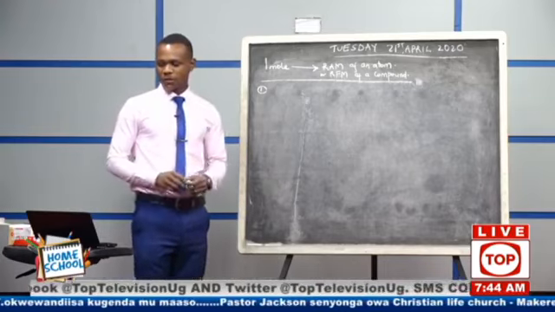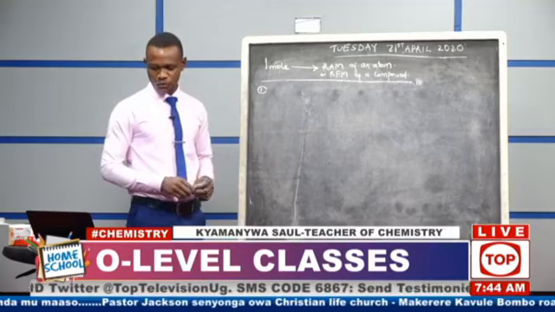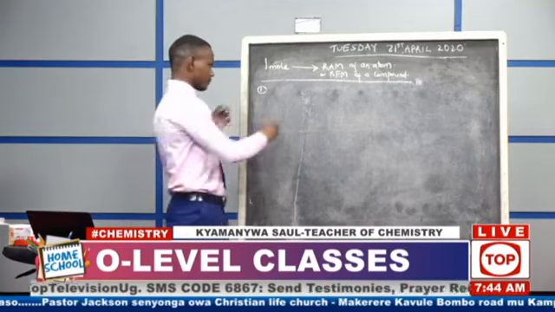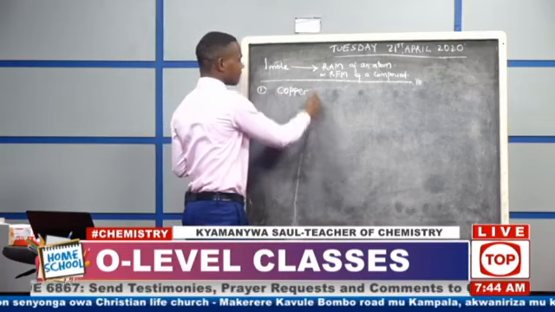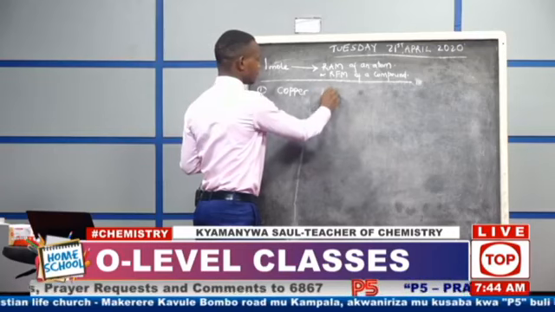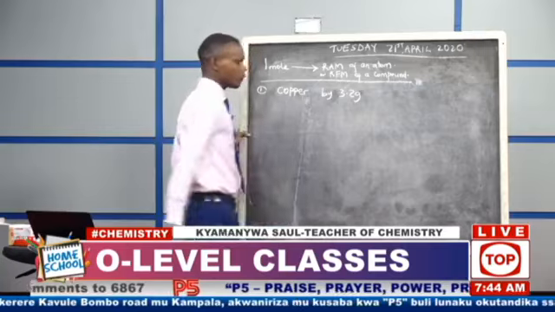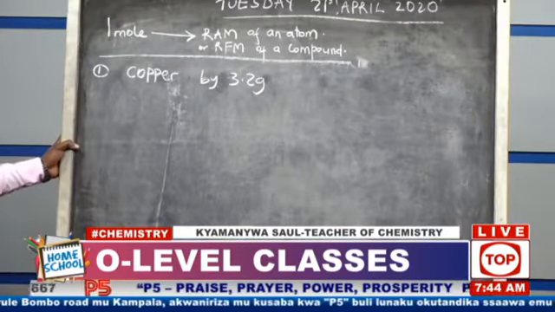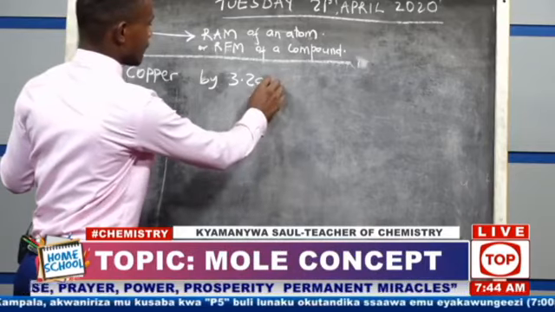Okay? So on our question, we are seeing that we have 3.2 grams of copper oxide. They want copper being formed. So you write 3.2 grams of copper 2 oxide.